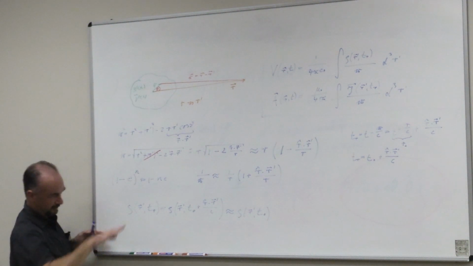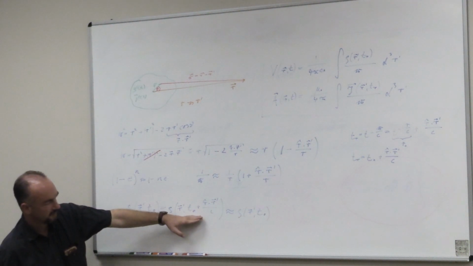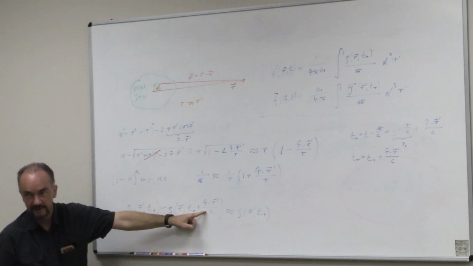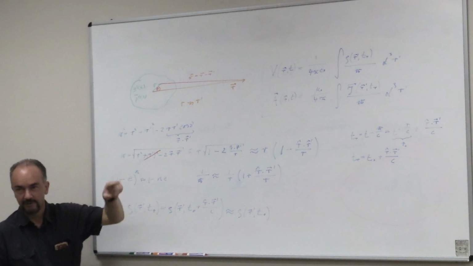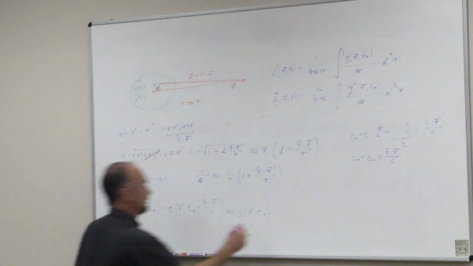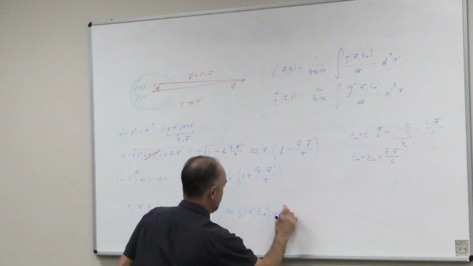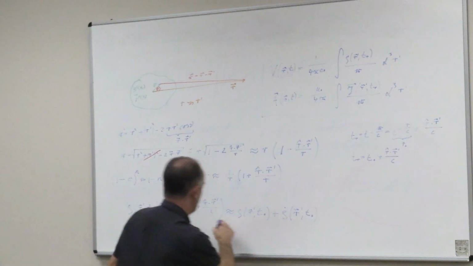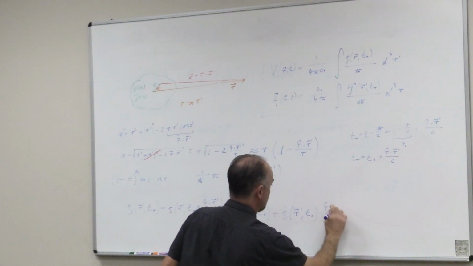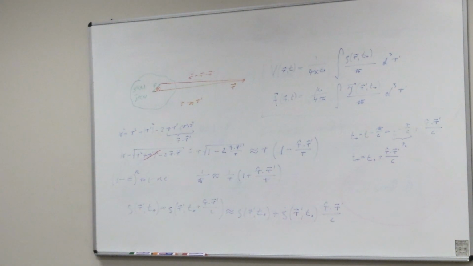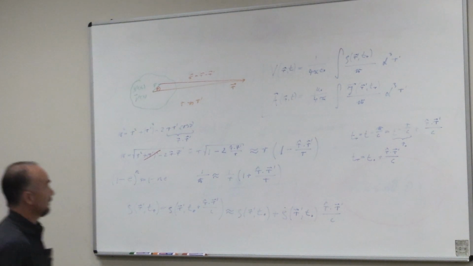We take an expansion in time, start out from our t naught, and then we go a little bit further in time. So the correction will be rho dot times this correction. So plus rho dot of r prime and t naught times r-hat dot r prime over c. Okay, we have that. Let's plug that in.